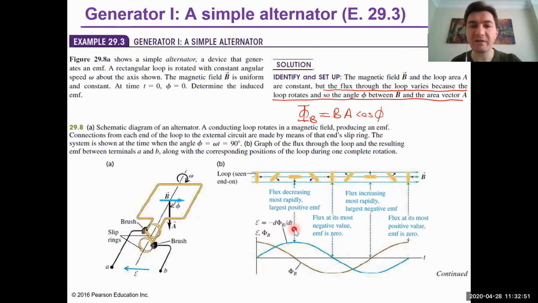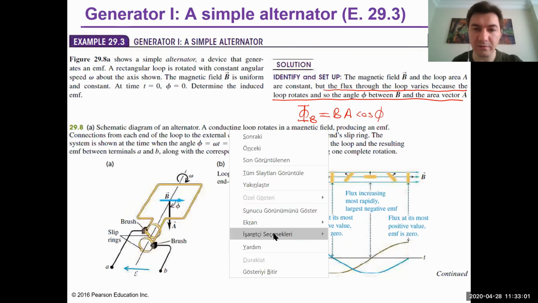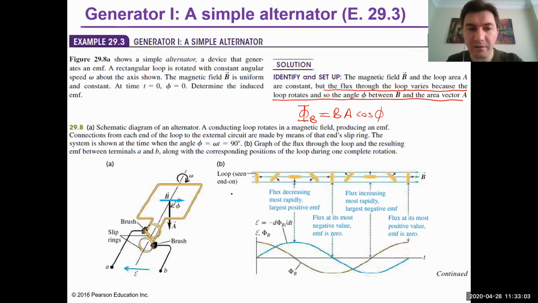So now let's look at the position of the loop here. Let me choose a pen. This loop you see from end on, okay?